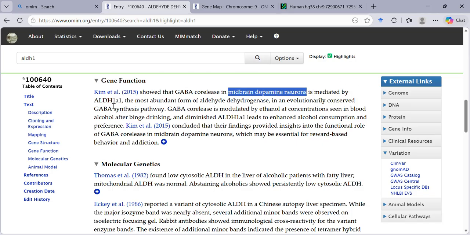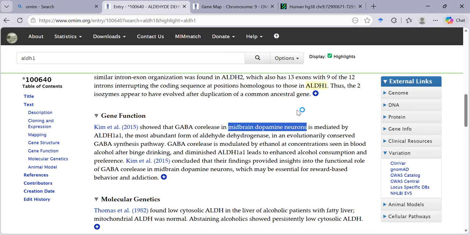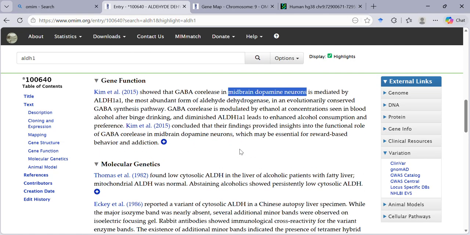So of course, if there is any mutation in ALDH1, it is going to affect the patient's neurological pathway. You can read this paper in detail, ask the AI, and search on GeneCards, and discuss in your thesis if it directly relates to any neurological pathway, developmental delays, and so on.